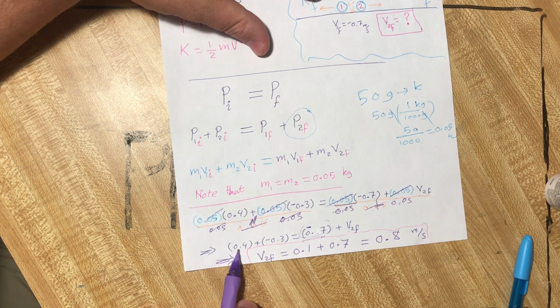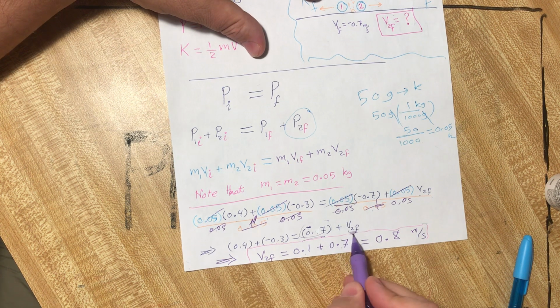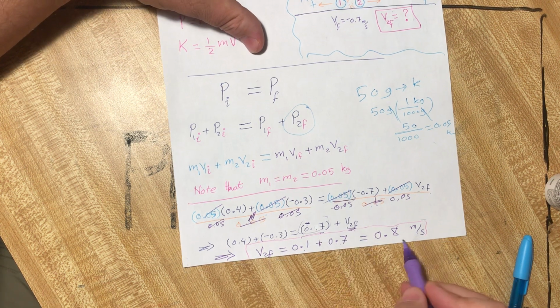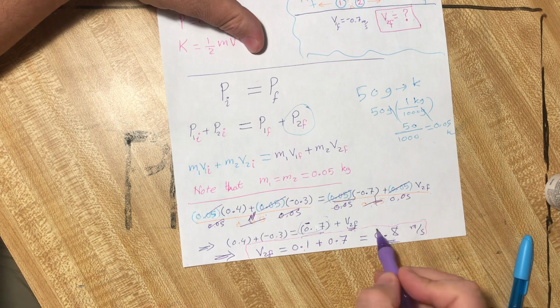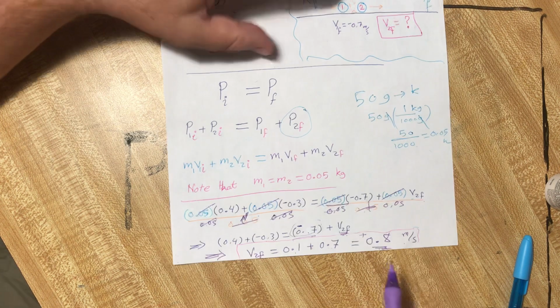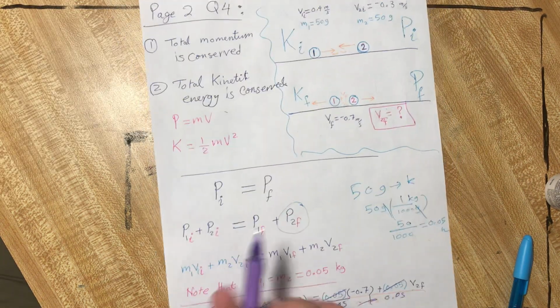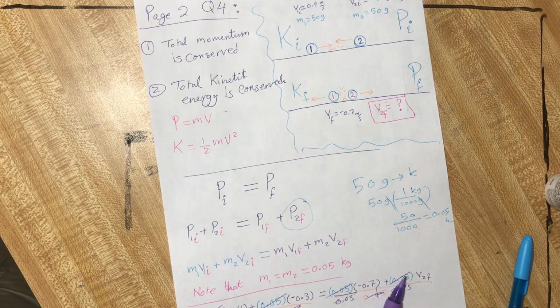We have here positive 0.4 minus 0.3, which is equal to 0.1, and this negative sign will be positive on the other side. It will be positive 0.7. This is V2 finally. So we have V2 finally in the positive x-axis, 0.8 meters per second. Simply, we just need to use the momentum formulas.